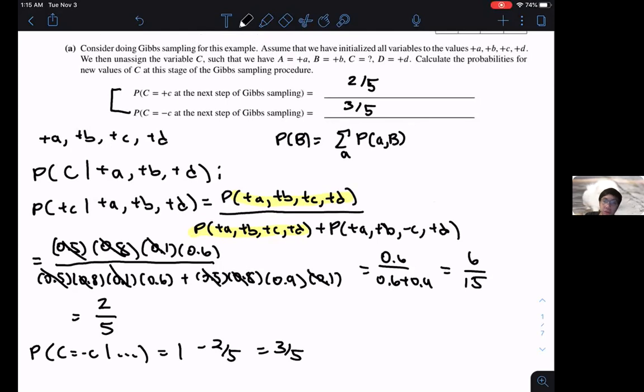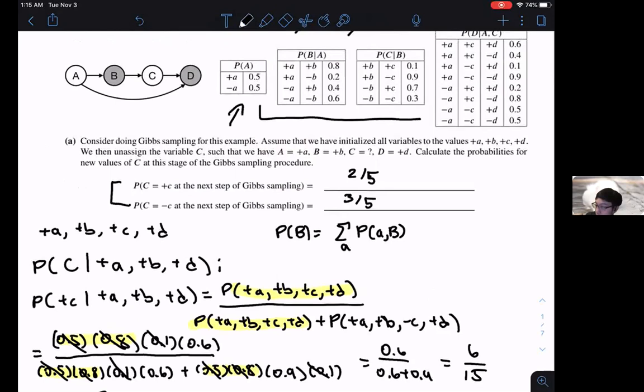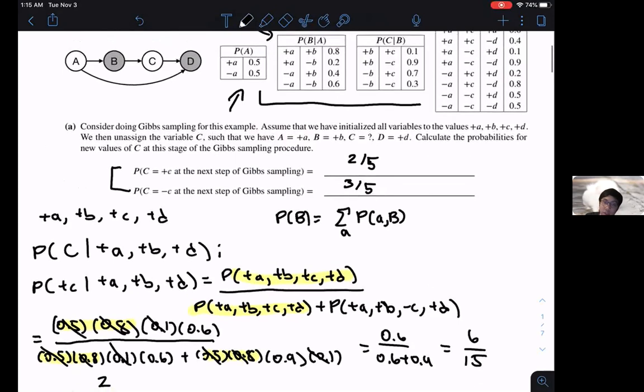And something you'll notice with Gibbs sampling is that a lot of these terms canceled out immediately, right? So 0.5, 0.8 right here canceled out. The reason that it cancels out is because the probabilities up here don't contain C in them, so these probabilities are constant between all of the terms.